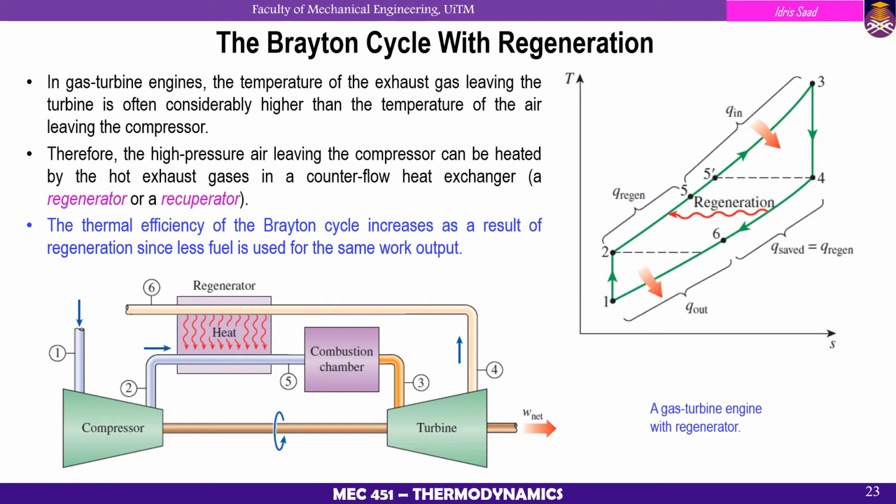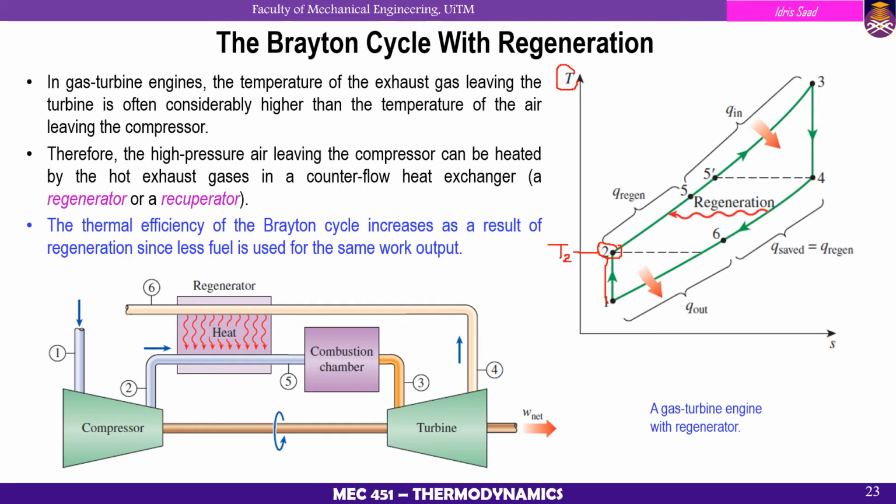Okay, based on the TS diagram provided on this slide, as you can see, this is the exit of the compressor. So the air is compressed to here, so it will increase the temperature to T2.